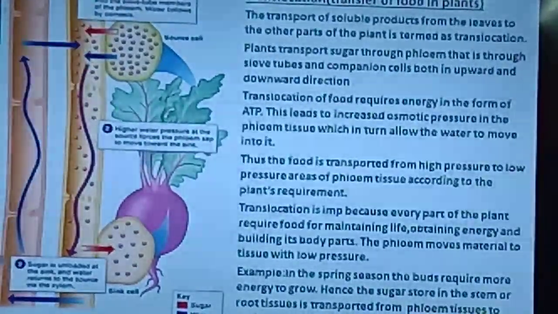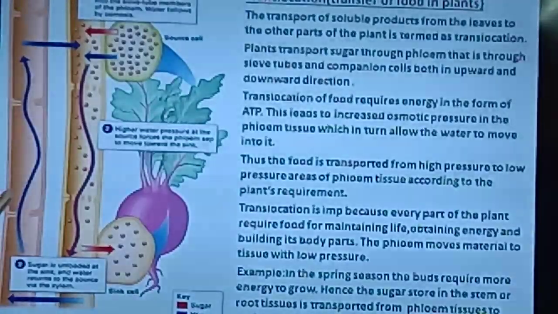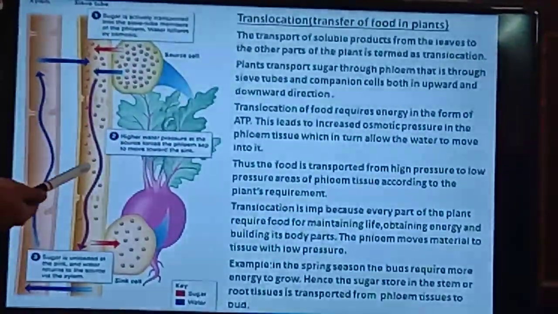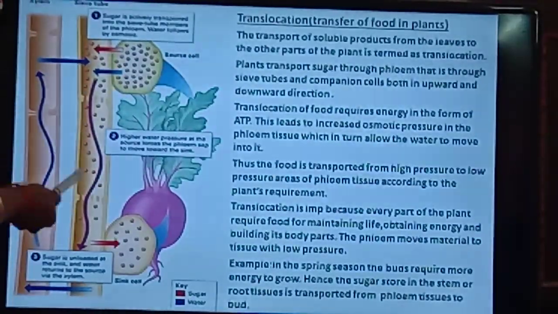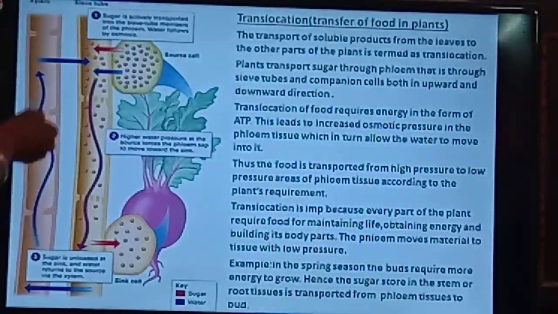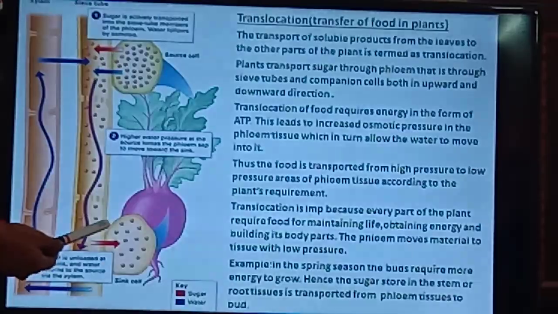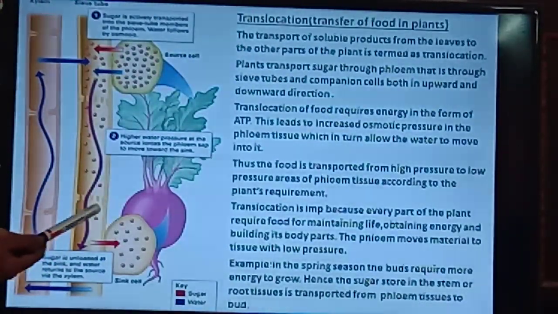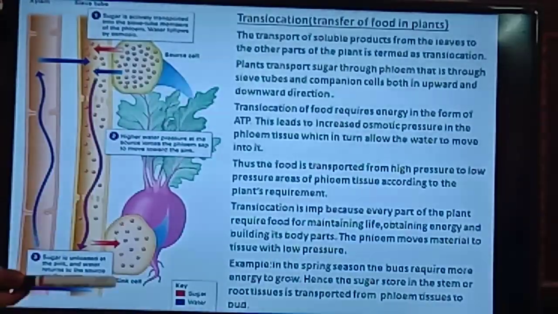Now, why is this translocation important? Because every part of the plant requires food for maintaining life, obtaining energy and building its body parts. Same like human beings, how we take five elements: carbohydrates, fats, proteins, minerals and vitamins.